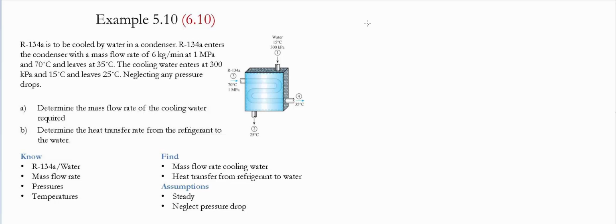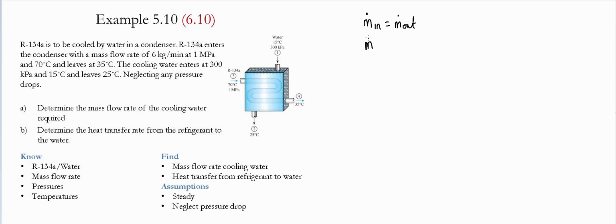Then we simply could say that the mass balance is simply the mass flow rate going in is equal to the mass flow rate leaving. And then by the control volume, we simply said that the mass going in for the refrigerant has to be equal to the mass going out for the refrigerant.